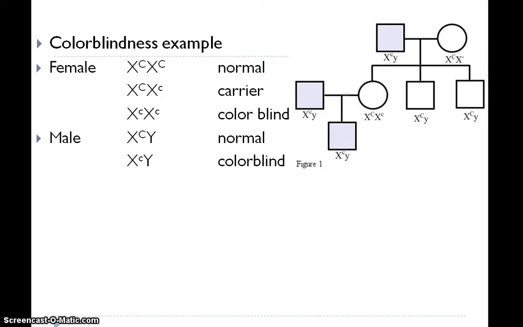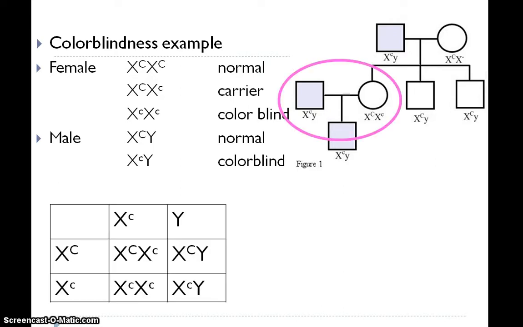Here's a pedigree that kind of shows us how a colorblind male mates with a carrier female, and then we see several different offspring. If their carrier daughter mates with a colorblind male, they could then have another colorblind offspring. Here is a Punnett square for the mating that is circled.